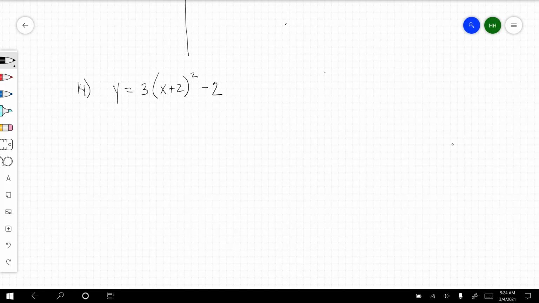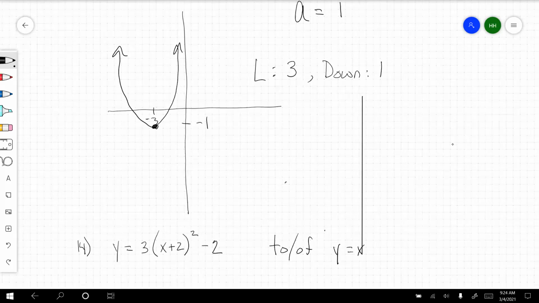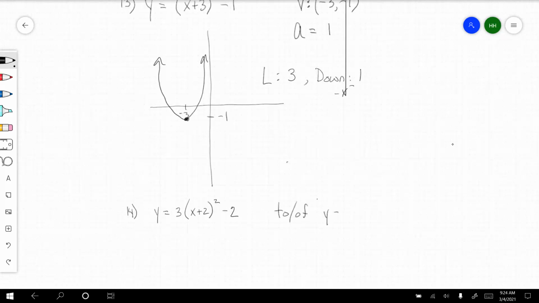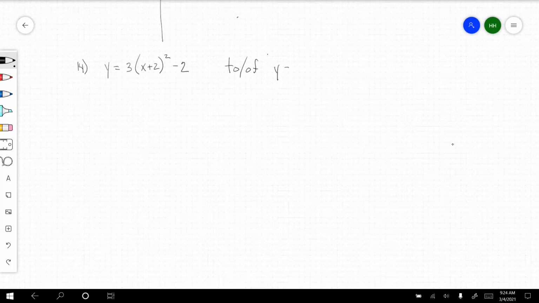What steps transform the graph? Okay, so to transform this graph of y equals x squared, this thing went, again, inside the parentheses, moves it left or right.